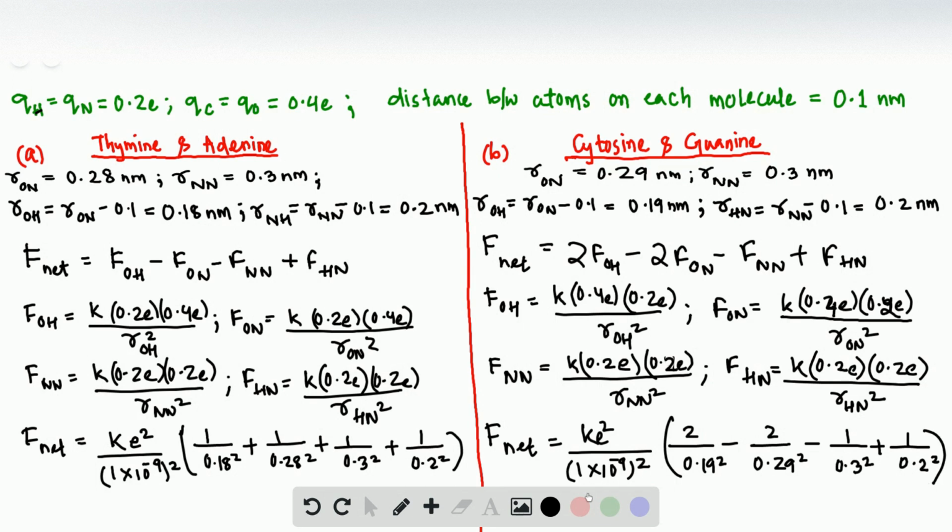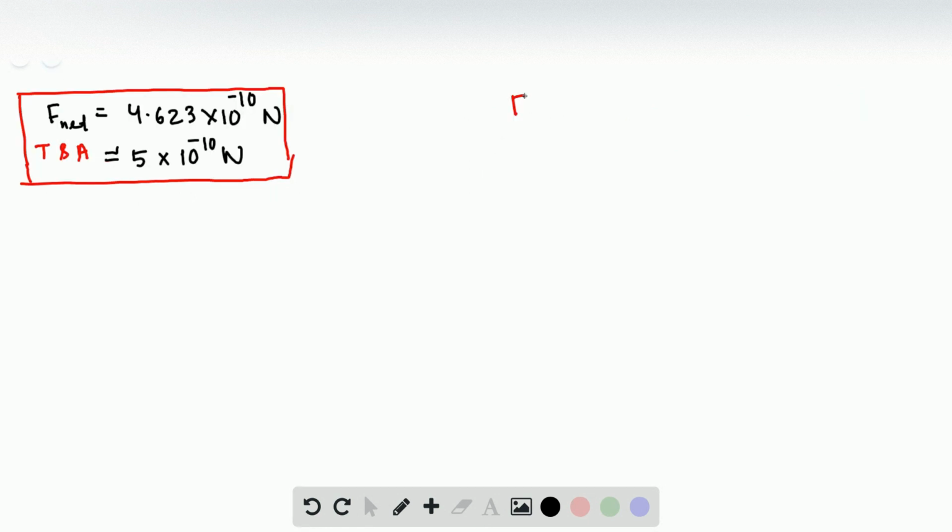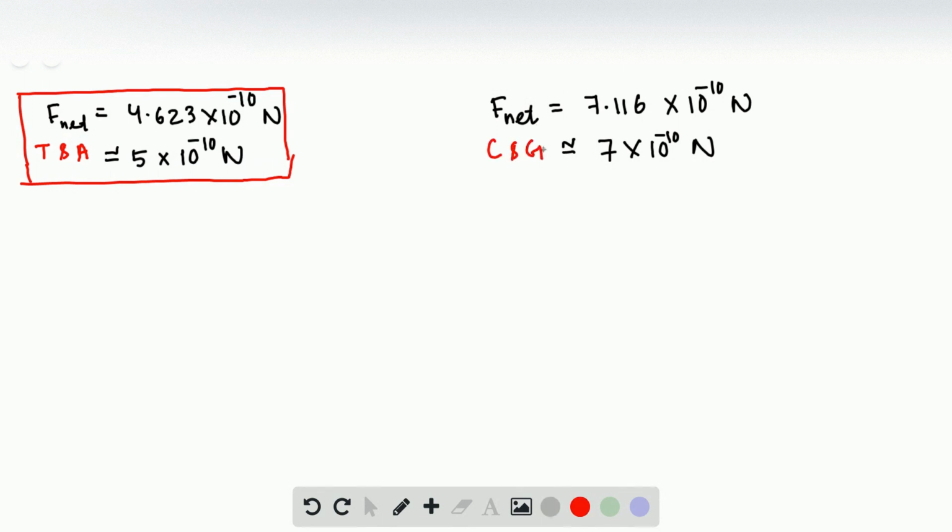And solving this, I get F net between guanine and cytosine to be 7.116 times 10 to the power minus 10 Newton, or nearly equal to 7 times 10 to the power minus 10 Newton. And this is the force between cytosine and guanine.